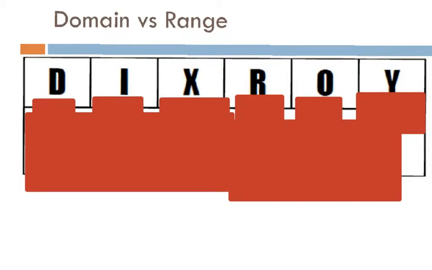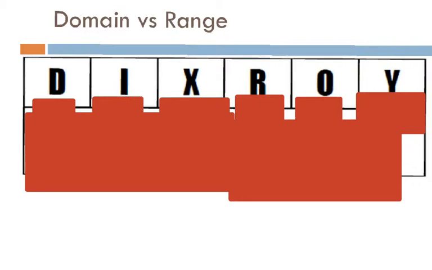First, let's look at the difference between domain and range and their definitions. To help us do that, I have these two acronyms. The first one is for domain, DIX, and the second one is for range, ROY.